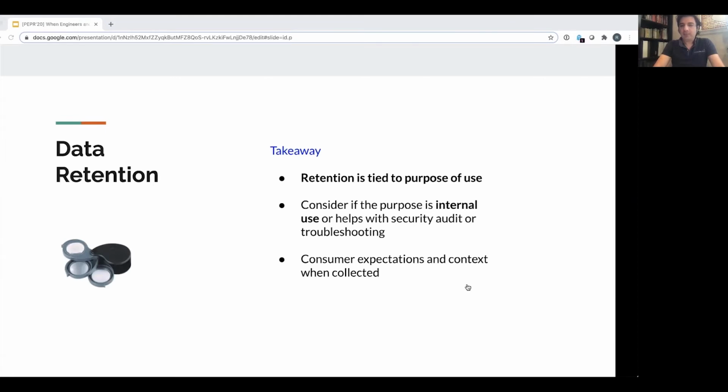If the purpose is internal use, and if it's consistent with customer expectations, then retaining the data is okay. But not being able to meet those legal exemptions is going to put you at risk.